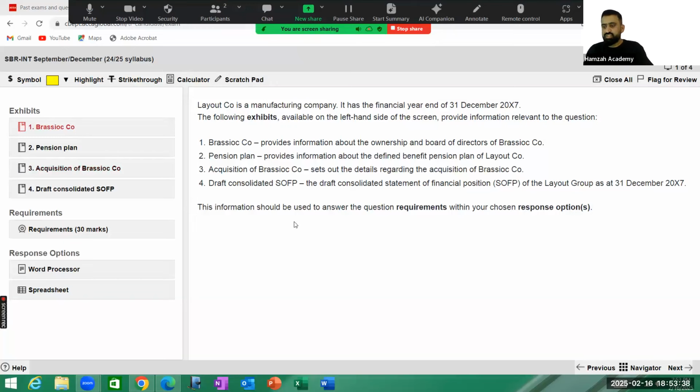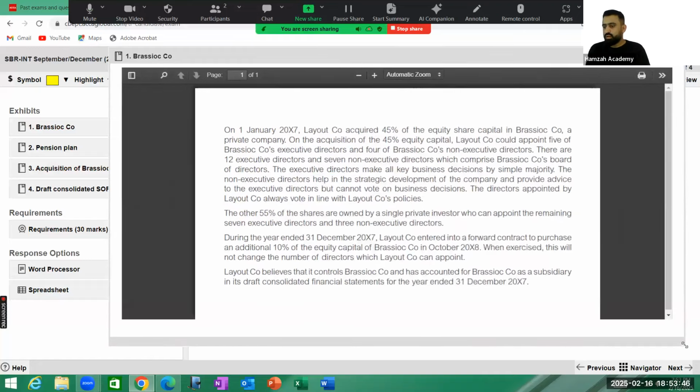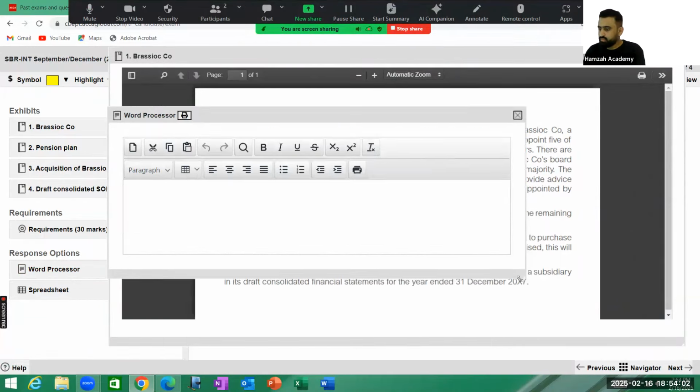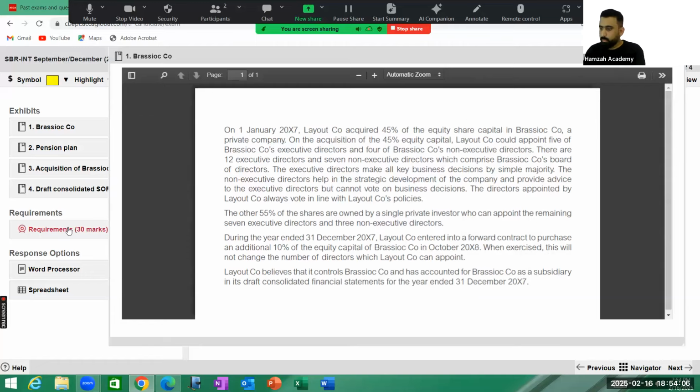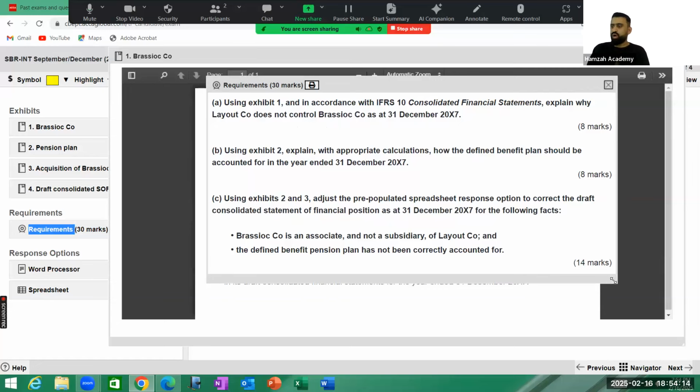So let's start. The first exhibit is Brassic company, and the requirement of that exhibit is: using Exhibit 1 and in accordance with IFRS 10 Consolidated Financial Statements, explain why Layout company does not control the B company, does not control the Brassic company.